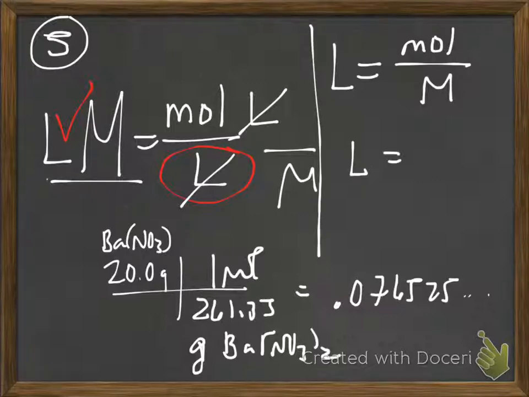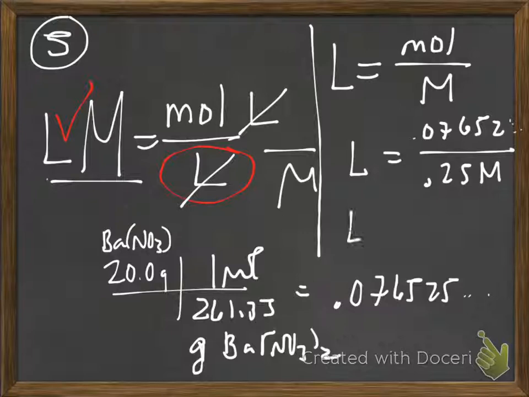L equals 0.07652 blah blah blah divided by 0.25 molar solution. So we get a volume of 0.306102 blah blah blah liters.